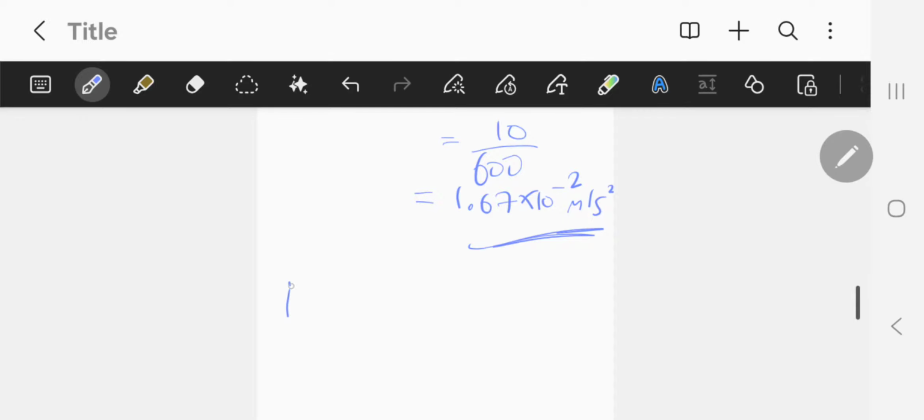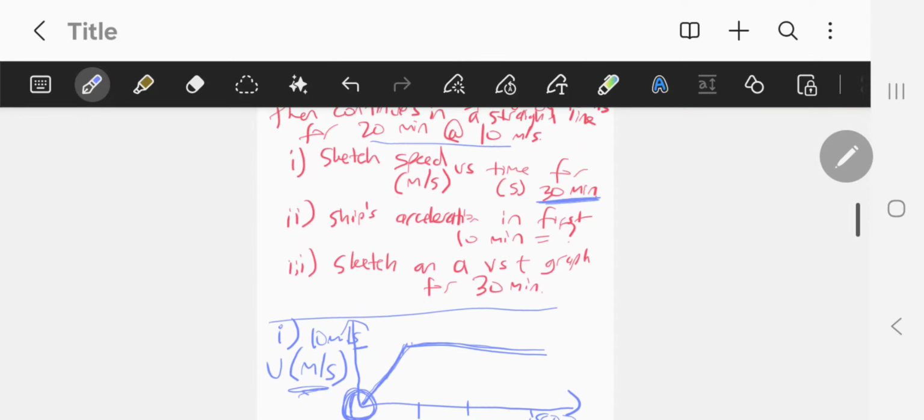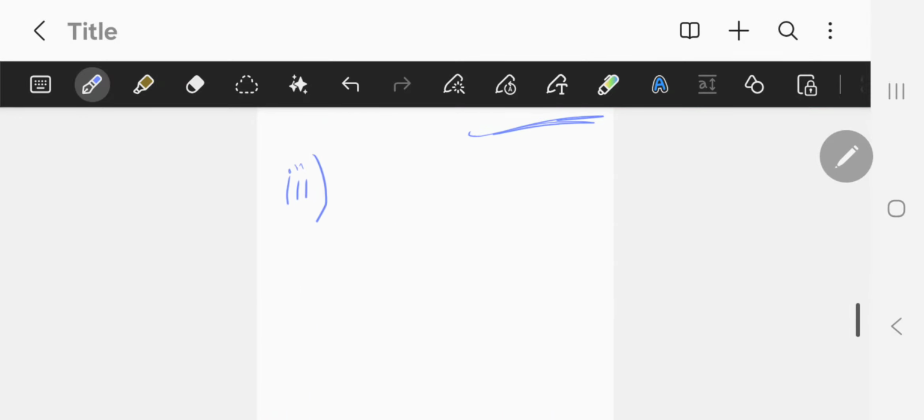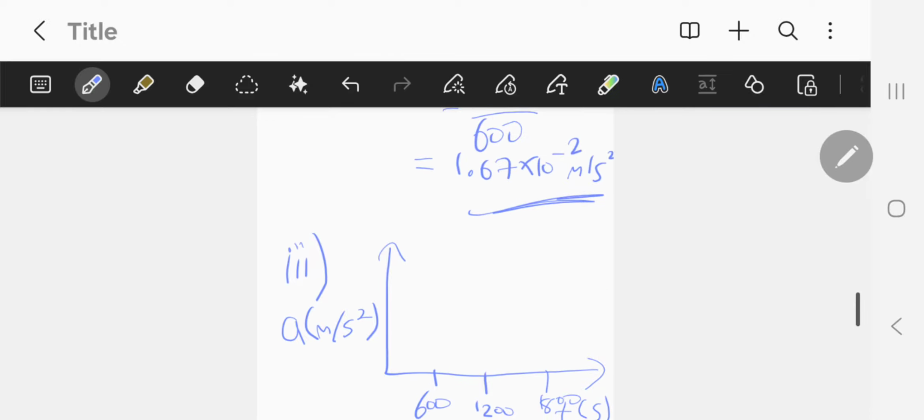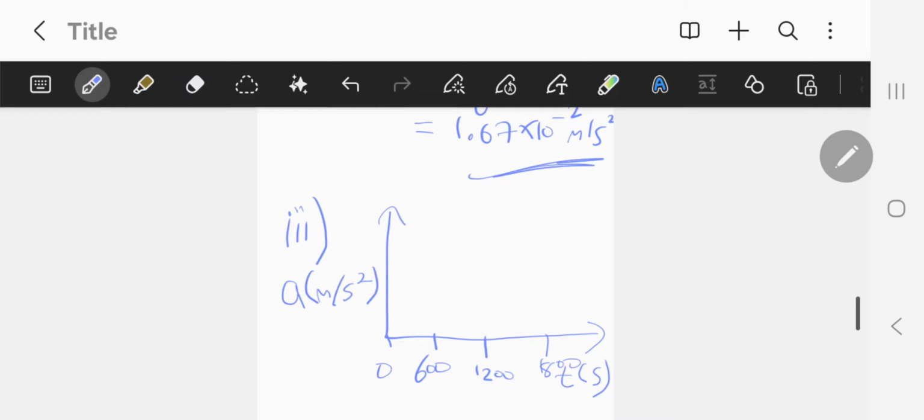And then part three, we need to draw an acceleration versus time graph for the 30 minutes. The x-axis doesn't change, so it's still 600, 1200, 1800. Acceleration is up here, with units meters per second squared. How do we draw a graph of this? Let's look at 0 seconds to 600 seconds.